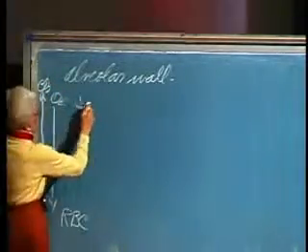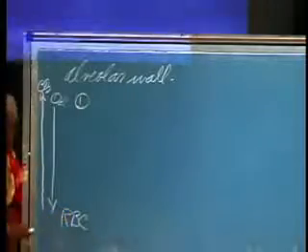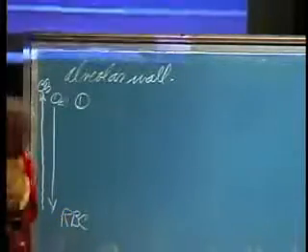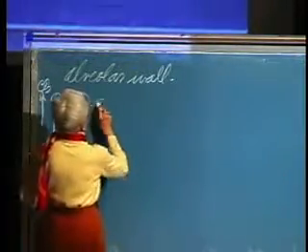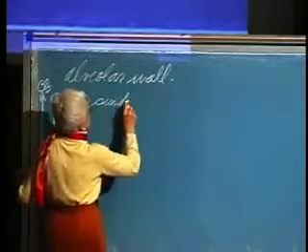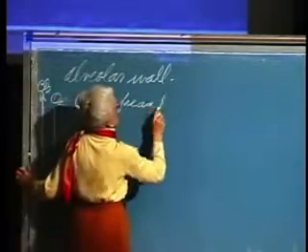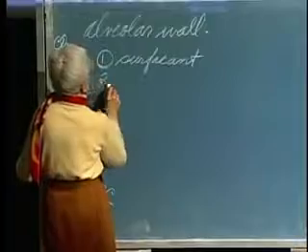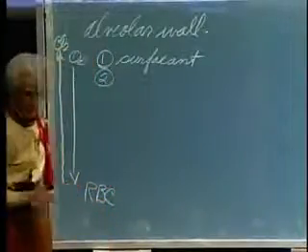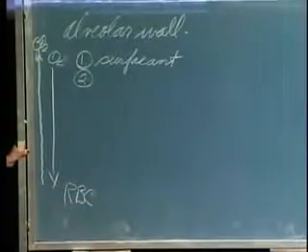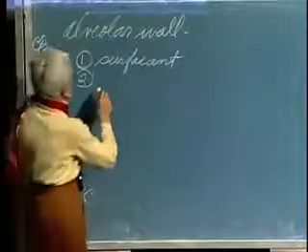So let's start with the first layer in our alveolar wall. It'll be surfactant. Remember, we had that layer of surfactant. And after surfactant, we'll have the simple squamous epithelial cell of the alveolus.